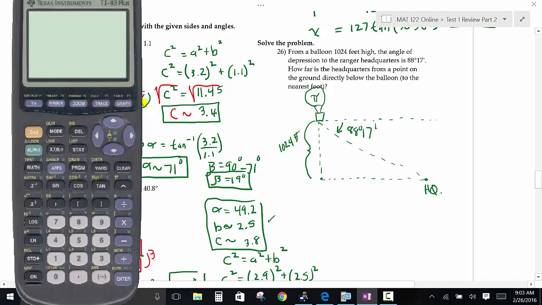Now obviously I didn't draw that to scale, but it doesn't matter. So if your angle of depression is that big, you're almost right on top of what you're looking at. It says how far is the headquarters from the point directly below the balloon. So here's the headquarters, there's the point below the balloon. So that's what we're trying to find.